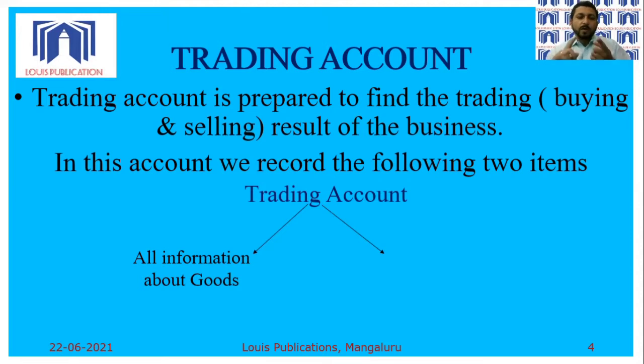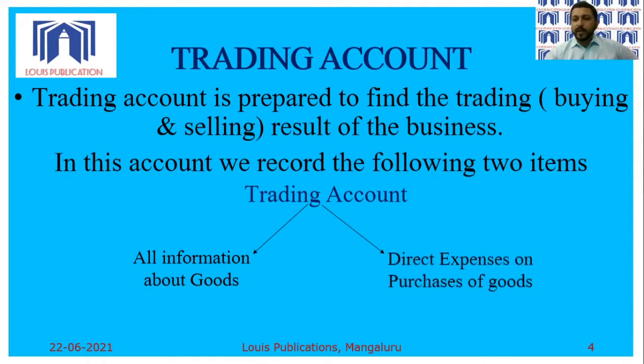Rather, goods are known by opening stock of goods, closing stock of goods, purchases of goods, purchase returns of goods, and sales and sales returns. These are the six names through which we identify the goods account. And the second thing that is included in the trading account is direct expenses on purchases of goods.